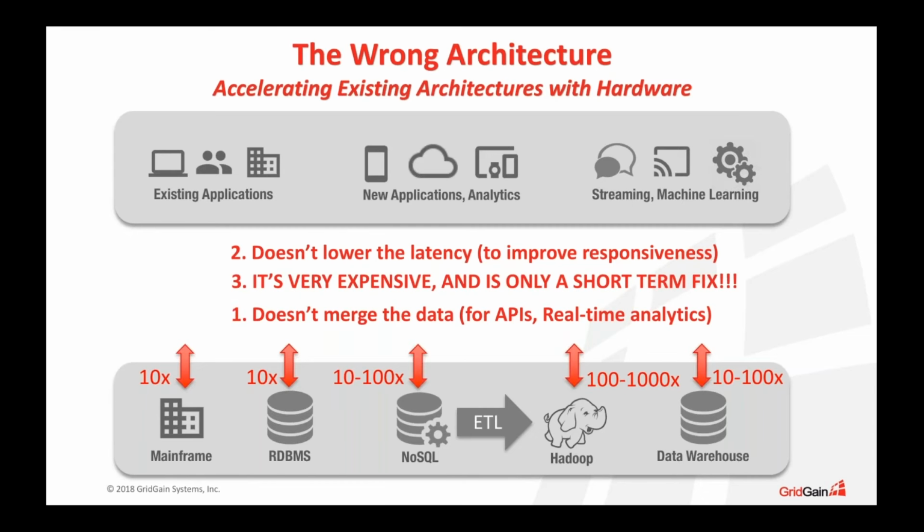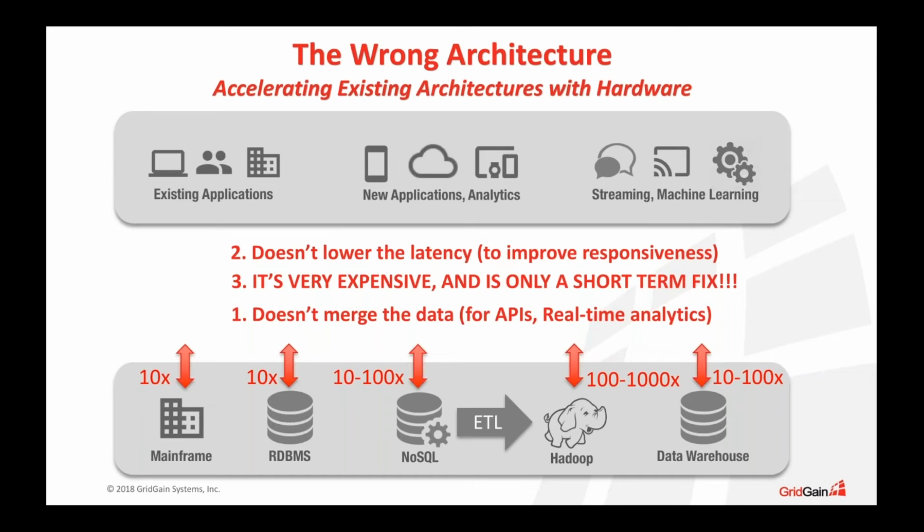And third, this is a very expensive way to go, and it's only a Band-Aid. If you're listening to this webinar, you probably are facing this issue. Scale up is very expensive. It is not a pleasant conversation to have with a CFO who did not budget in the extra hardware being thrown at the existing ERP, CRM, and other applications.